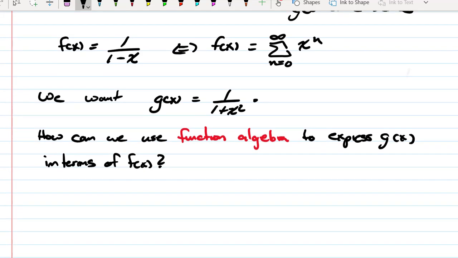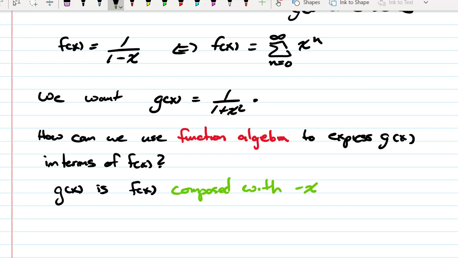So if we look at that, what would I need to do to f of x to make it look like g of x? Well, f of x is 1 over 1 minus x, and this is 1 over 1 plus x squared. So we would have function composition. So g of x is f of x composed with negative x squared.